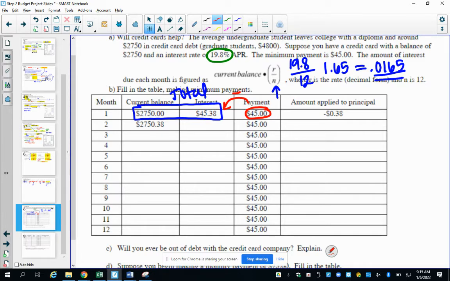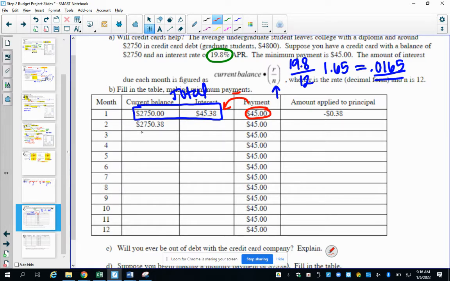So you do $2,750 plus the interest, and then minus your payment, and that gives you your new balance. In January you got a statement that said you owe $2,750 plus $45.38, and you say, all right, cool, I'm going to pay $45.